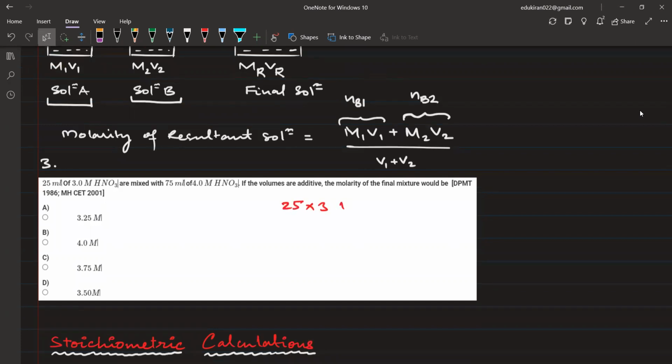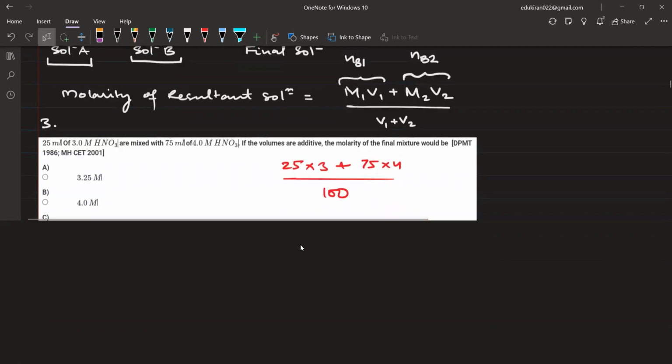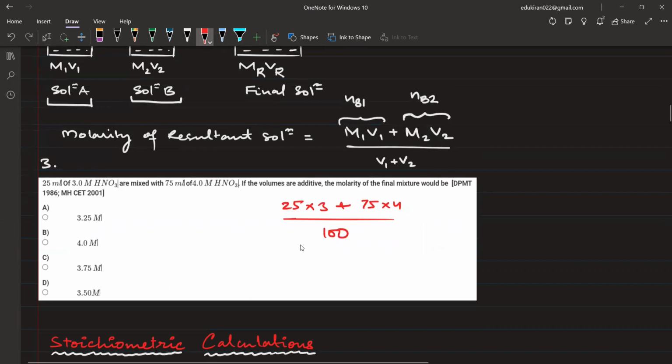25 into 3 plus 75 into 4, divided by 100. 25 plus 75 is equal to 100.